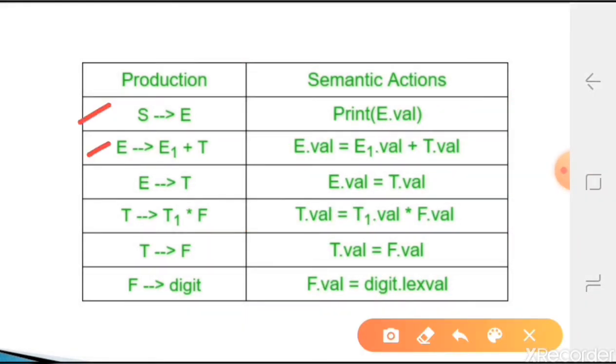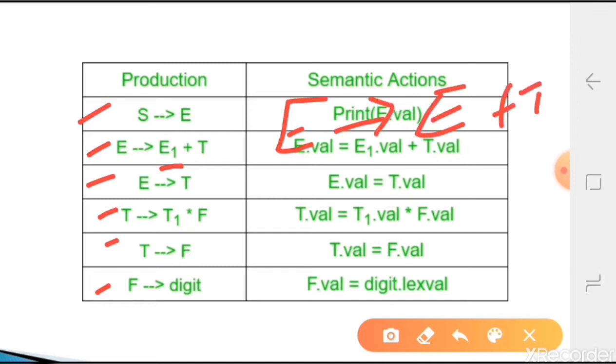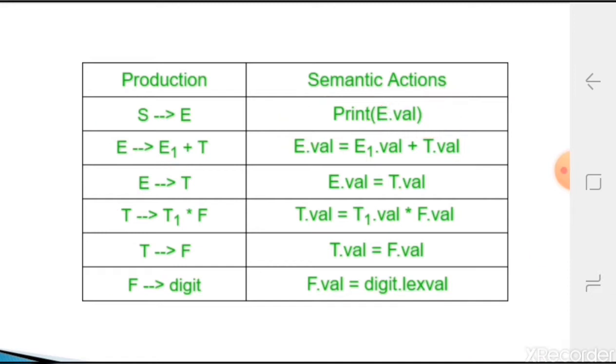Each is listed separately, and if you observe, the actual production was E producing E plus T, but here we are writing E producing E1 plus T. Why we are differentiating is, if I write E on both sides, in the production we don't have any problem, but when we write a semantic action, it will get confused which value we have to consider.